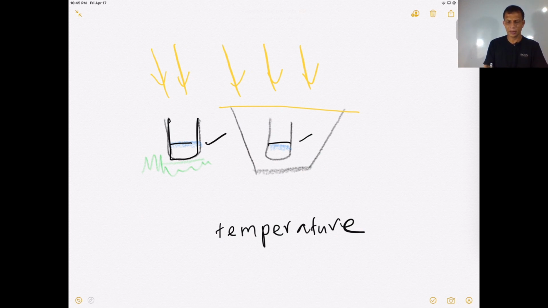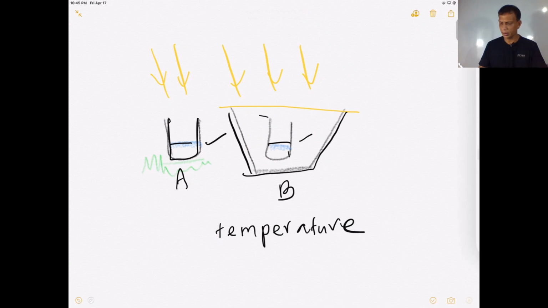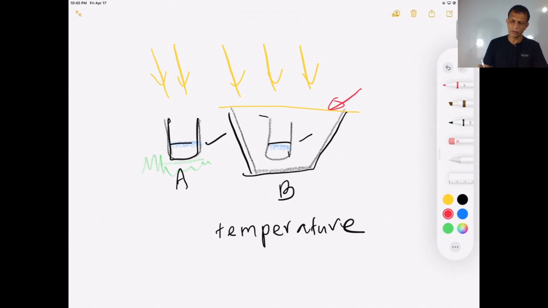Before putting them in sunlight, you measure the temperatures of the water in the 2 beakers, and then you have beakers A and B. Beaker B is kept inside the solar thermal stove, and it is covered with a very thin sheet of glass. Then after a few minutes, maybe 10 minutes, you can measure the temperature again and see the difference.